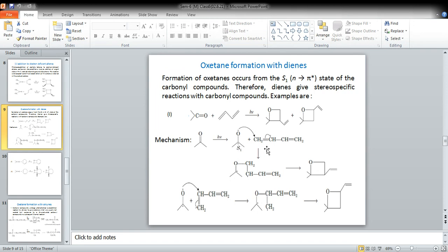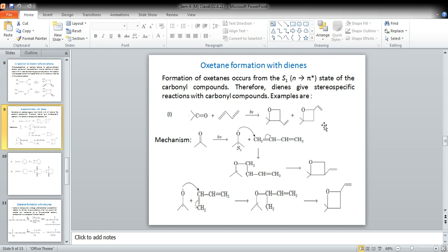Now these free radicals will combine with this 1,3-butadiene to generate another stabilized free radical. Why stabilized? Because this particular free radical is a tertiary free radical, and this one is stabilized because of the double bond in conjugation. Therefore, these two stabilized free radicals will combine to give us a cyclic oxetane ring.